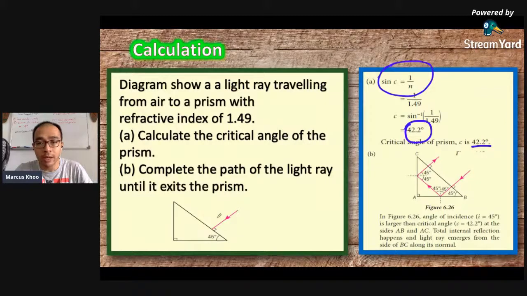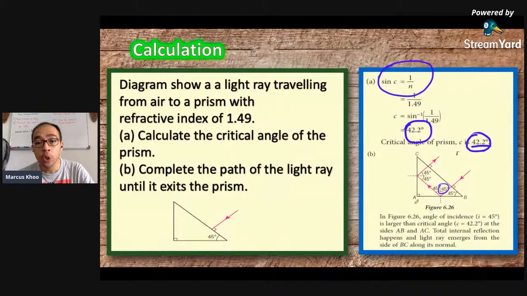So then you can calculate. Complete the path of the light ray. Let me explain to you what happens over here. When light reaches this boundary, because it is 90 degrees, nothing happens, it just goes straight through. But coming over here, if you calculate these angles properly, we find that this angle of 45 is the same as this angle of 45. Now since 45 degrees is bigger than 42.2, it will be totally internally reflected.